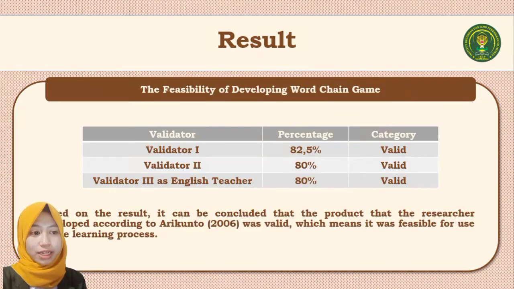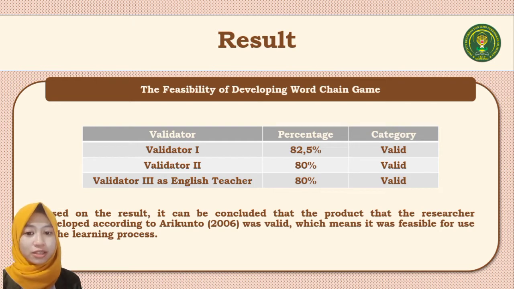The second one is the feasibility of developing the word chain game. The researcher used a validation sheet to measure the feasibility of the product, which was filled out by 3 validators. From the first validator, obtained 82.5% data, which category is valid. From the second validator, obtained 80% data, which category is valid.